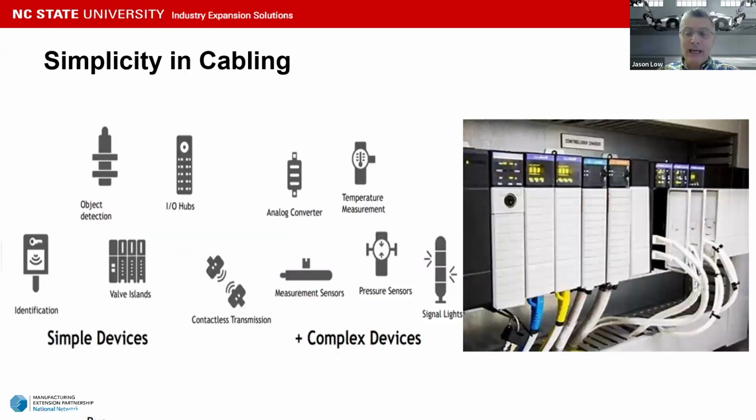So, the simplicity in cabling. In that image on the right, we don't have those individual wires going into our control, in this case a PLC. As you might be able to zoom in and see, most of them are Ethernet cables.